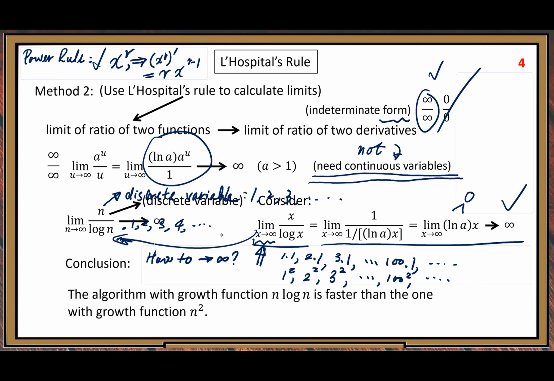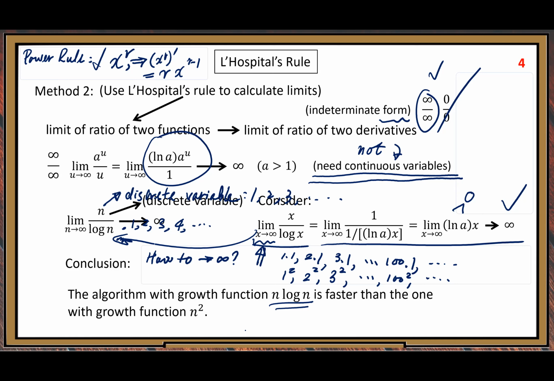How does the growth function n log n faster? The one on the bottom. It's faster here because this function value is smaller, right? When you take the bottom one, it outgrows the top one. If you grow faster, the algorithm is slower, because that number represents the counting function.